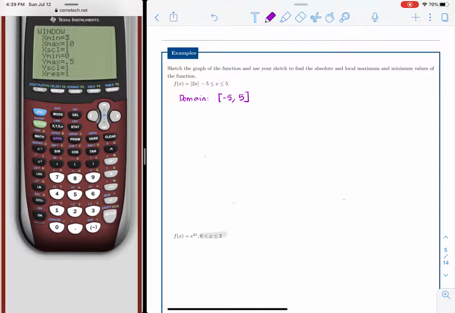I'm going to adjust the window from -5 to 5, and the y values are going to be positive because you can't plug in a negative number in an absolute value function and get a negative number. So this is going to go from 0 to 10, call it 12, and let's graph, and that's what I would have.